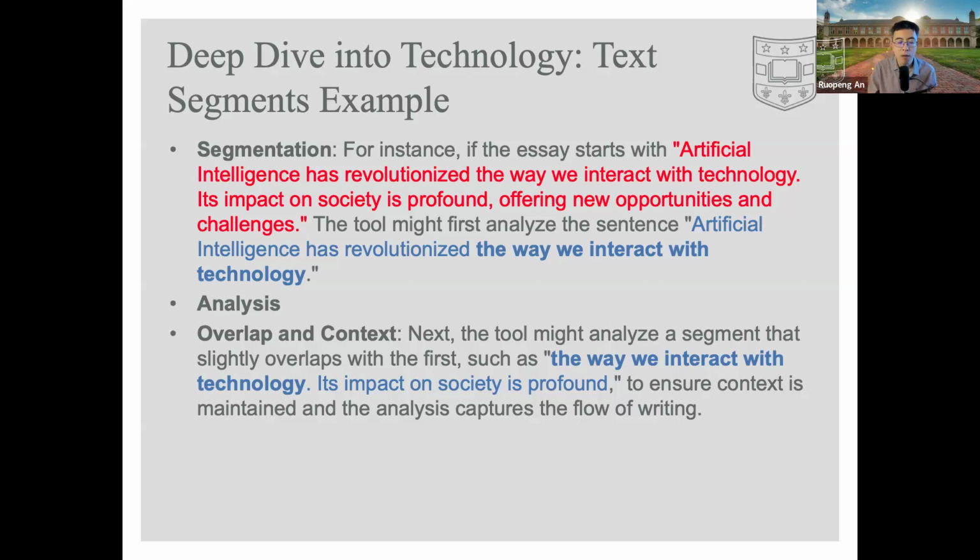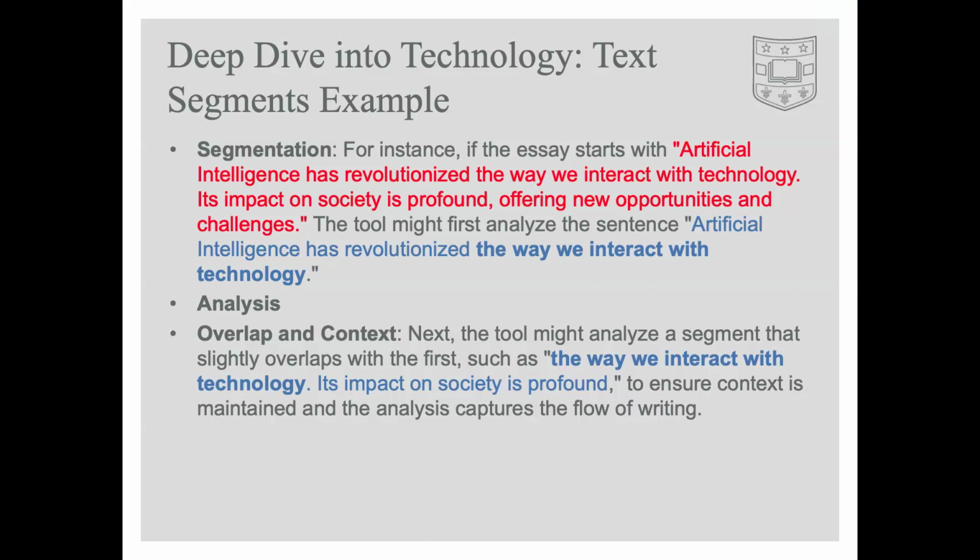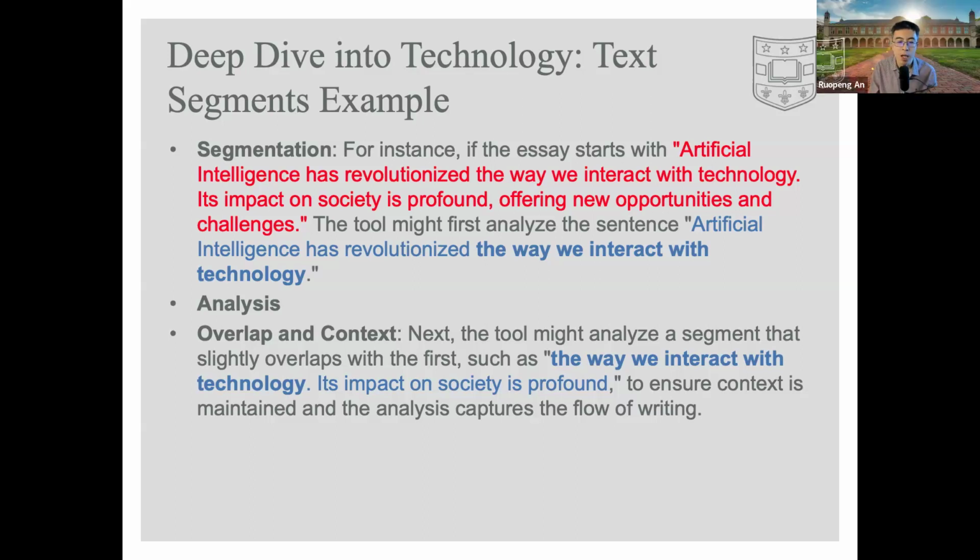And then for every segment, it uses AI tools to identify the extent to which the text is generated by AI. Then they aggregate all the scores together, taking an average, and then the average would indicate the global evaluation of the entire text.